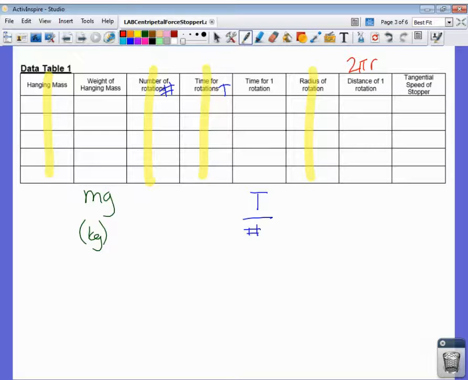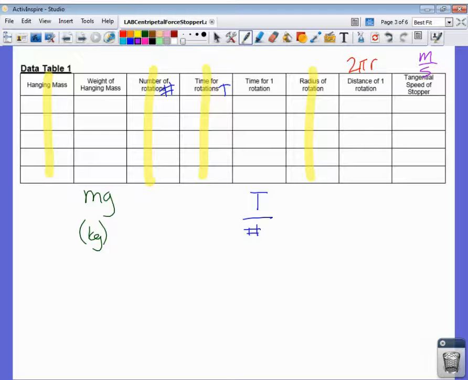And then tangential speed. This is one that I thought we needed to talk about a little bit. Tangential speed is how fast it's going around the edge, right? We talked about that in the last unit. Any speed is meters over seconds, right? That's how we measure speed.